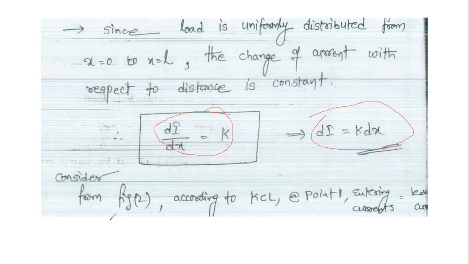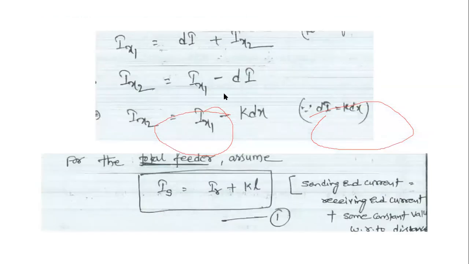Next, consider figure 2 and apply KCL. According to KCL at point 1, the entering currents are equal to the leaving currents.